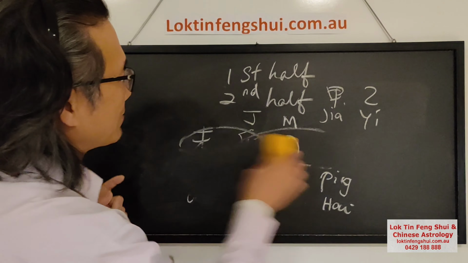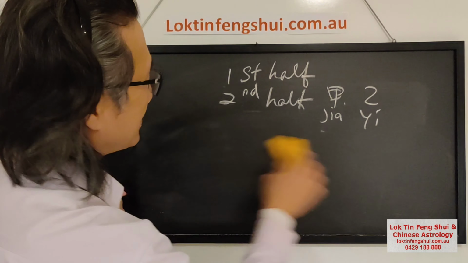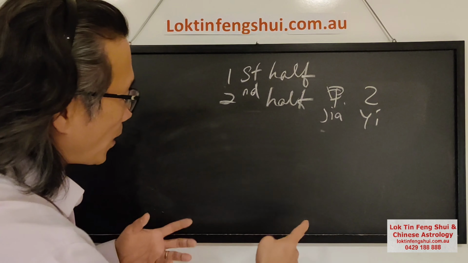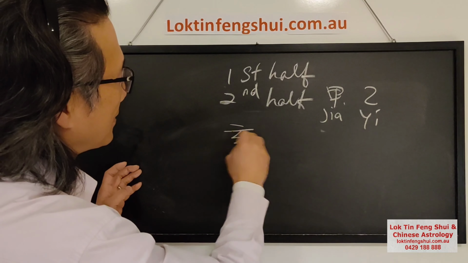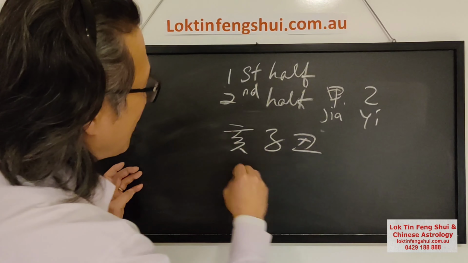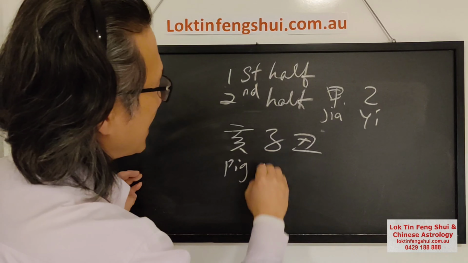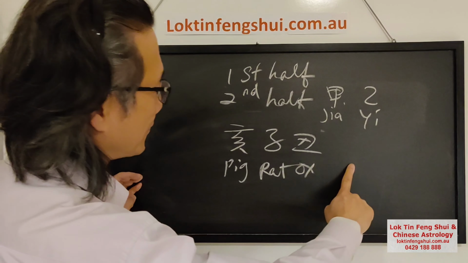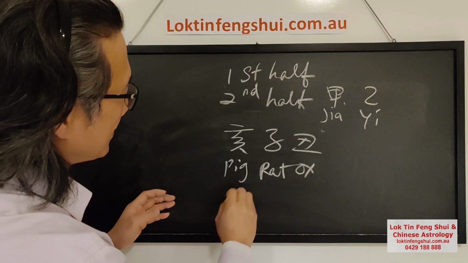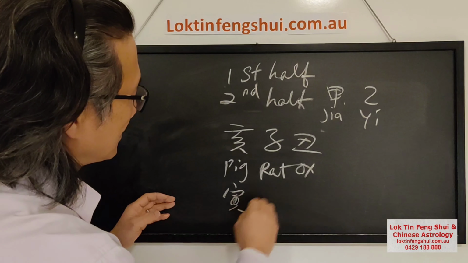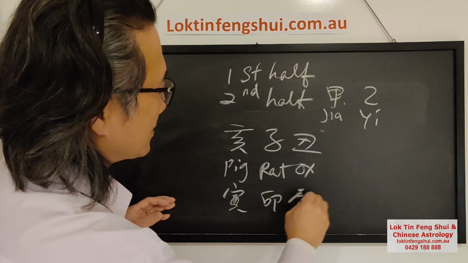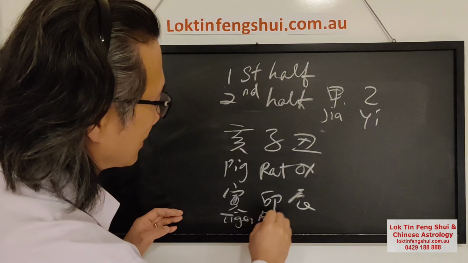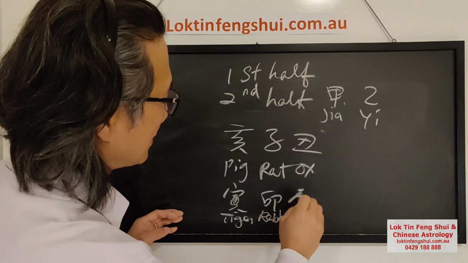And quickly, let me also tell you about the directional one. Remember, the directional one is the pig, rat, and ox. That's a directional one, the water one. And then we have Yin Mao Chen, which is tiger, rabbit, and dragon.